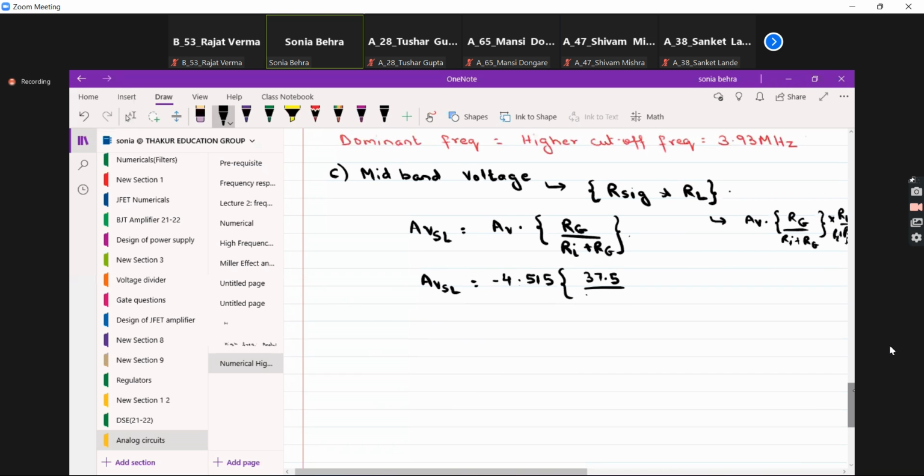So 20 plus 37.5. AVSL, give me this value fast.